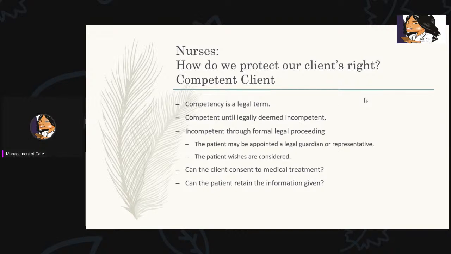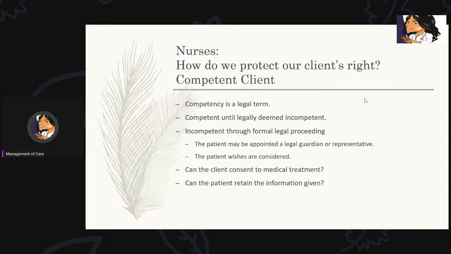Now, in Florida, to be a legal adult and sign consent forms, you have to be 18 years or older. But because we serve a large elderly population, we tend to have this discrimination. It's called ageism. We feel like, oh, someone is 85 years old, they can't make decisions on their own. That's not true. Unless someone is deemed incompetent legally, the patient is competent and we have to respect the client's wishes.